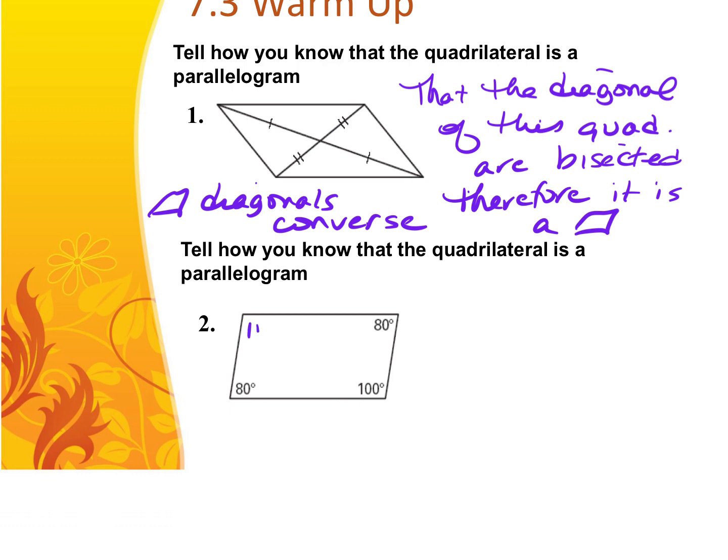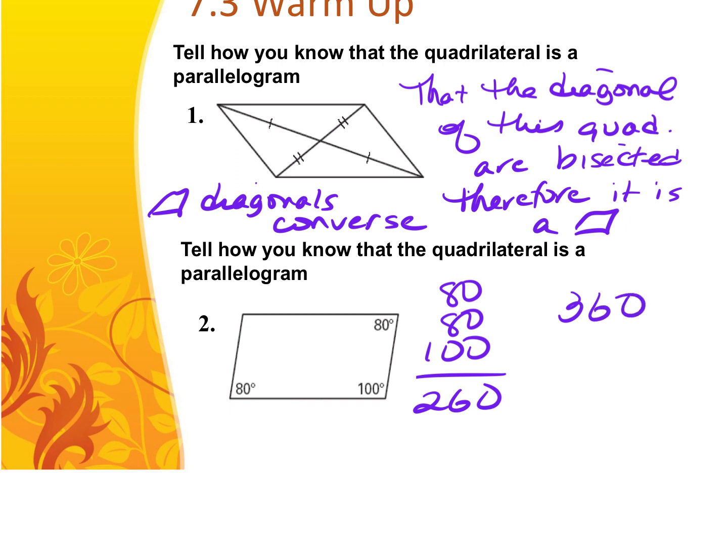so I can't assume that this angle is 100 yet. What I need to do is do the calculations. I know it's a quadrilateral, and quadrilaterals' angles all add up to be 360. So I'm going to add 80, 80, and 100, get 260, subtract that from 360, and then I can show that it is 100 degrees.